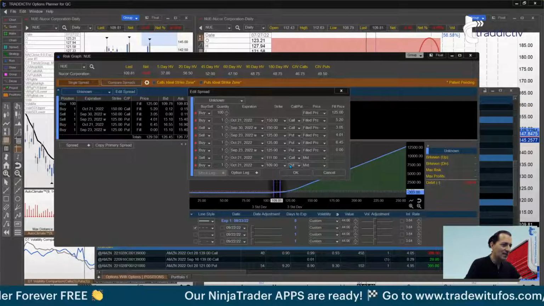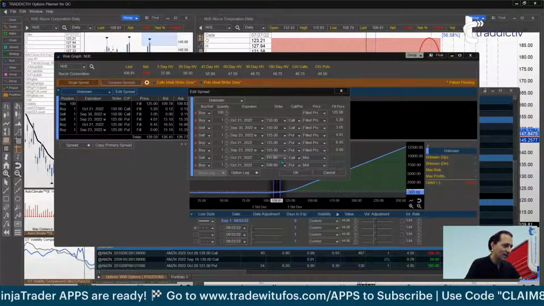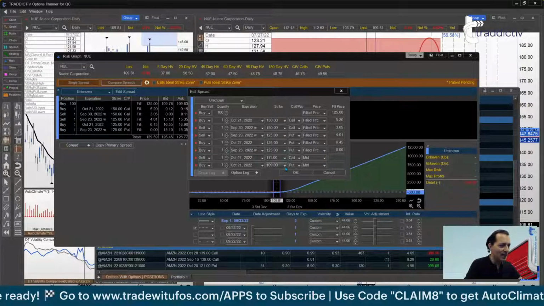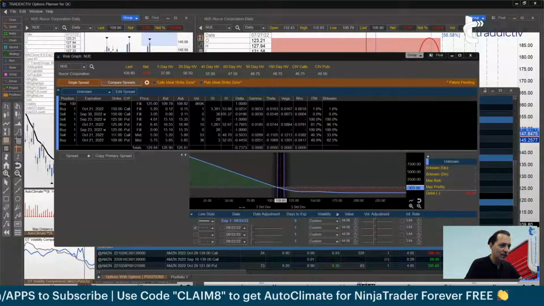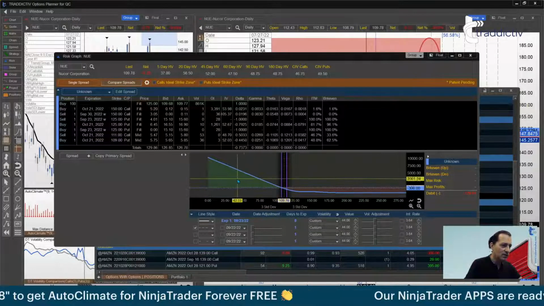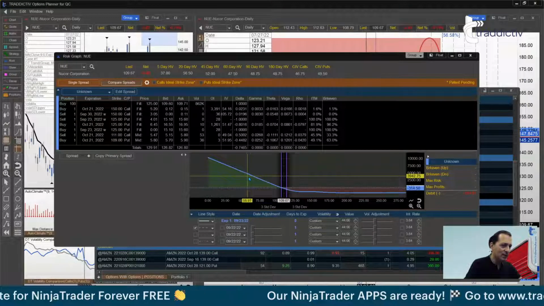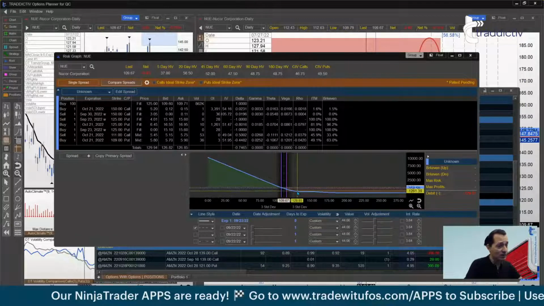So let's see if I buy the put at 109. I'm adding a little bit of risk, but I am also bringing premium in by selling the 111. So let's see what happens if I do that. Okay, so now this would be the risk graph that you get. So if the stock keeps falling, now you're going to make some money. But if the stock now rallies, now you're going to start losing money.